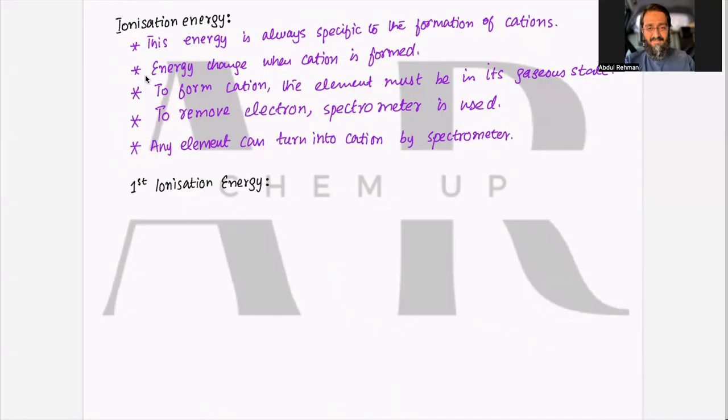But if I have just one atom in the gaseous state and I am able to take the electron from that atom and calculate that energy, do you think that energy is actually significant? Or does that energy have a high value? Why? It's just a single atom.